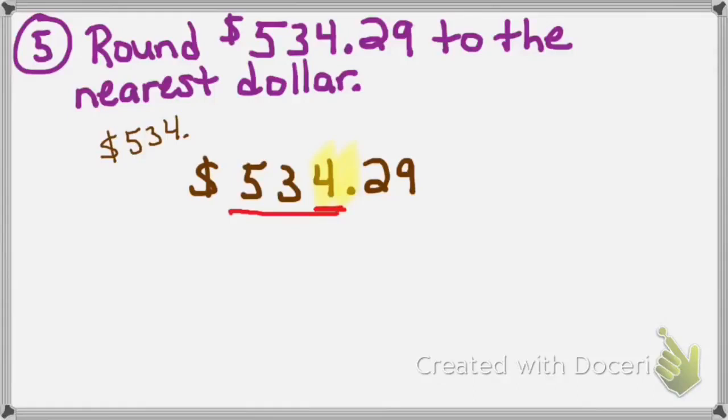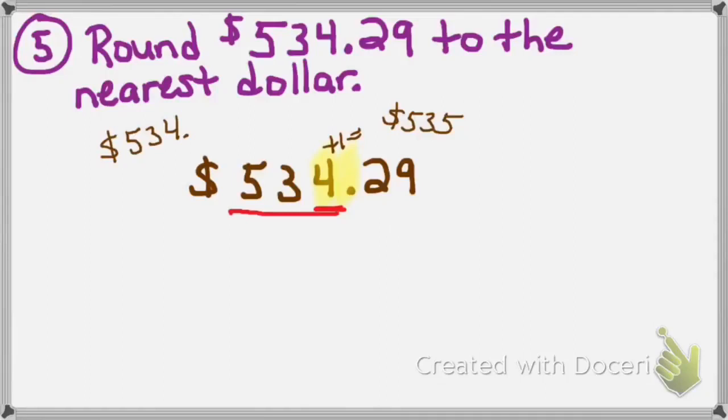On the right side, I add 1 to the very last underlined digit, so 4 plus 1 will equal 5. So I'll have $535. This is either going to round down to $534 or up to $535.